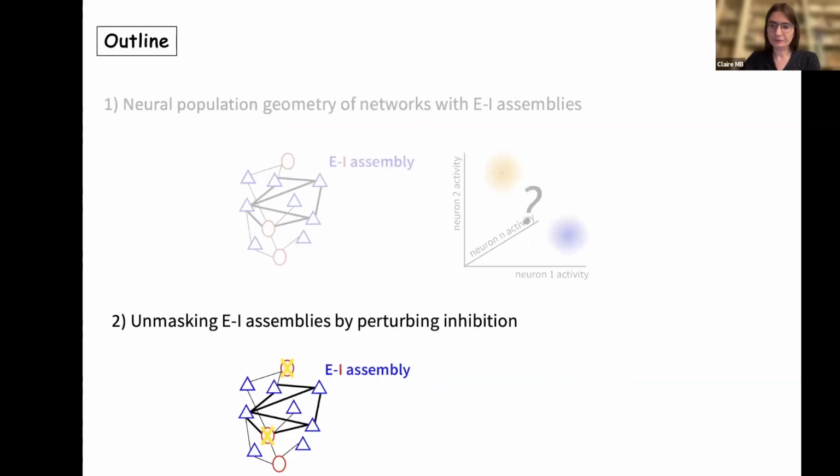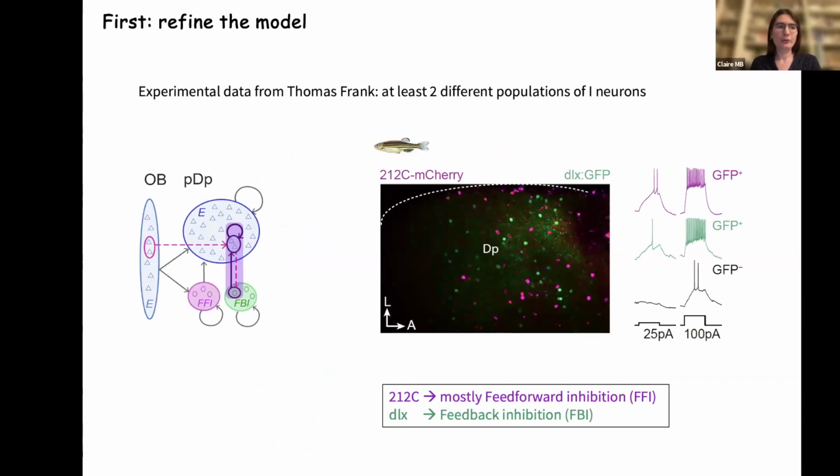And now, in the time remaining, I would like to show you the effect of perturbations on the activity of these networks. First, we need to refine the model to take into account new findings about the inhibitory populations in DP. Thomas Frank from Göttingen characterized two types of inhibitory neurons in DP, which you can see here labeled in green and magenta.